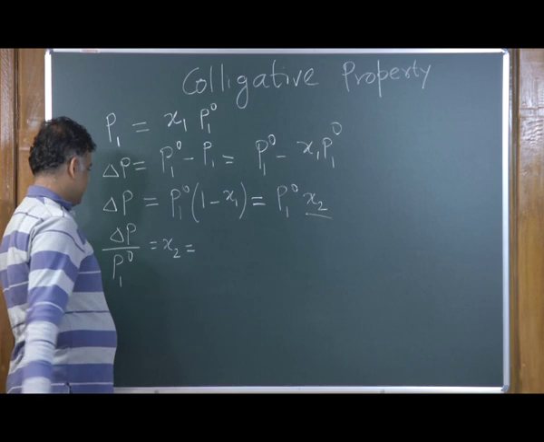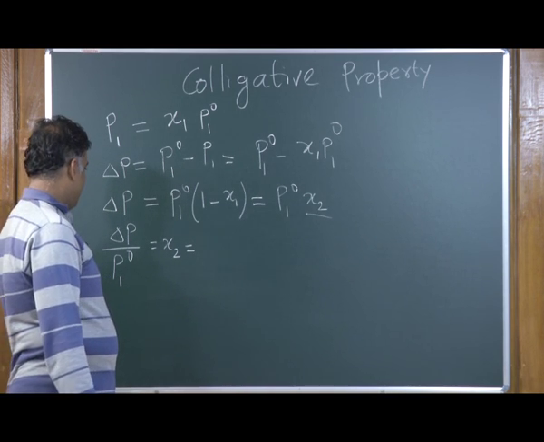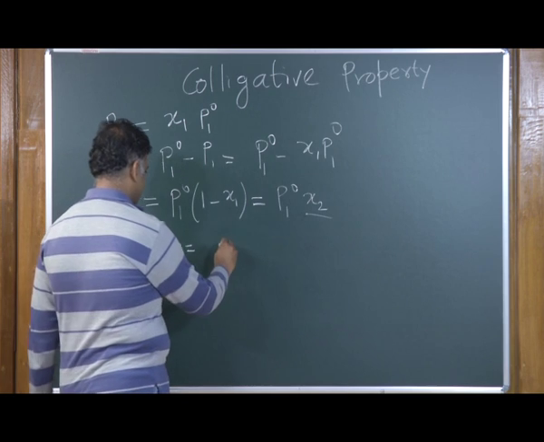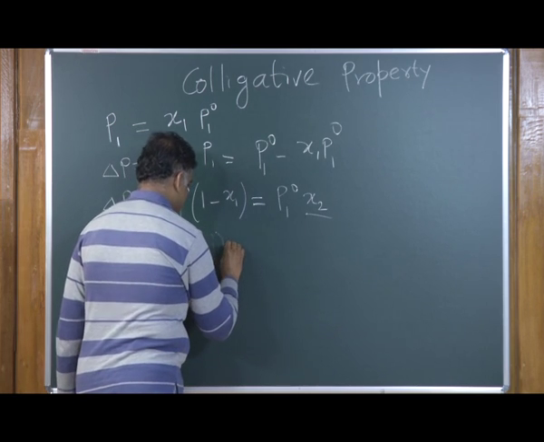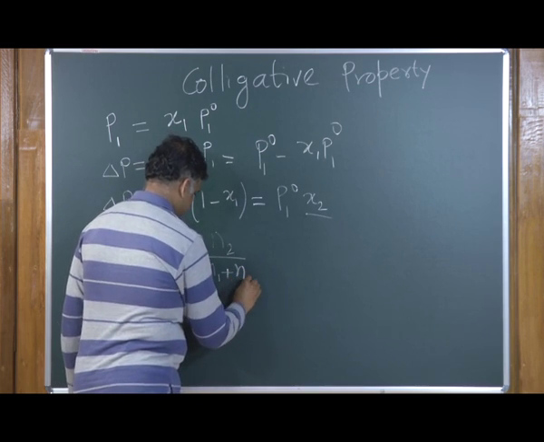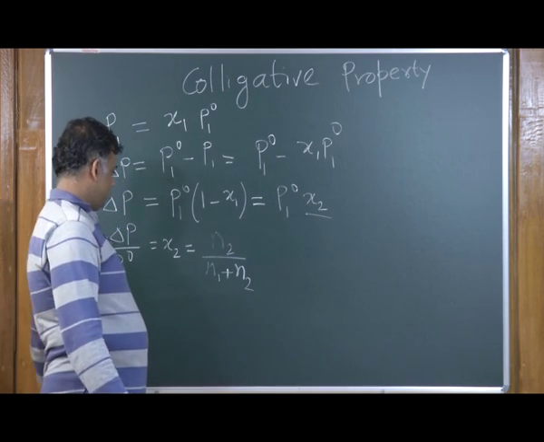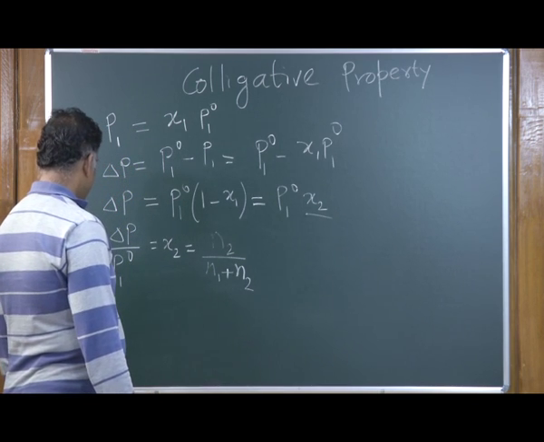x2 is the mole fraction of solute present in the solution, and this x2 can be written, as we have already learned, as the moles of solute divided by the total number of moles present in solution, that is moles of solvent plus moles of solute. Okay.